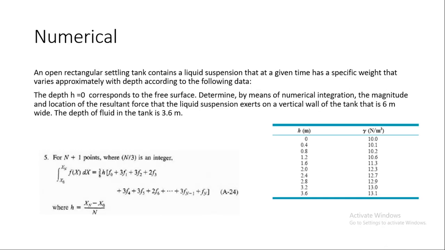Okay, then we have a numerical. So far, in the cases we are considering, we consider that the specific weight of the liquid throughout the storage tank, settling tank, or any tank or silo is constant, but in real cases it may vary.